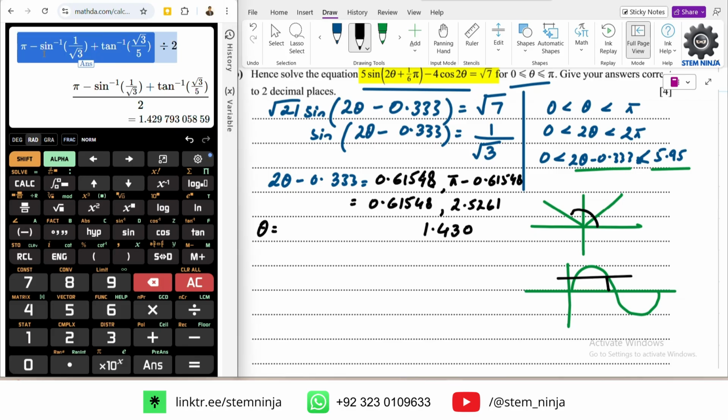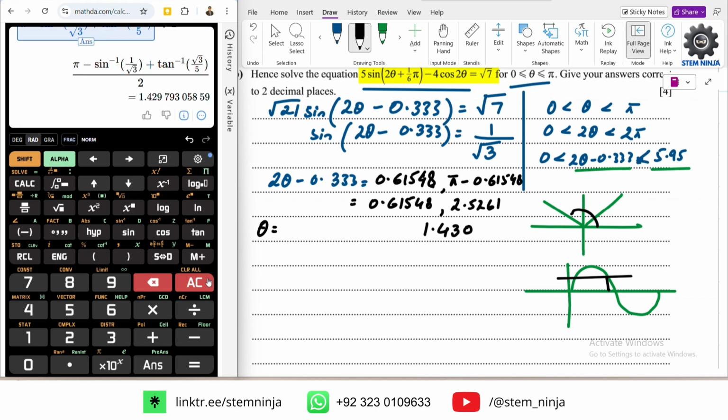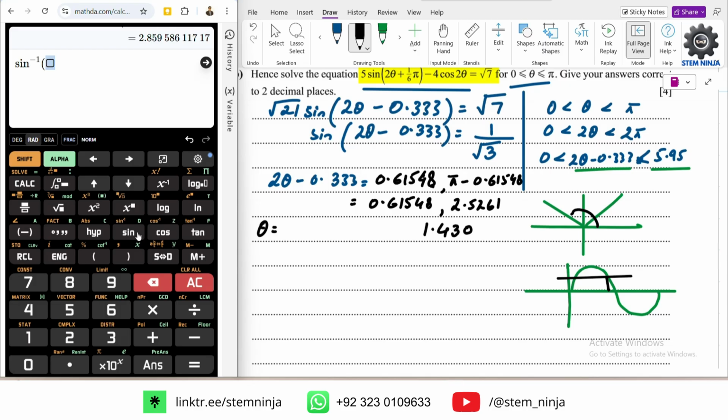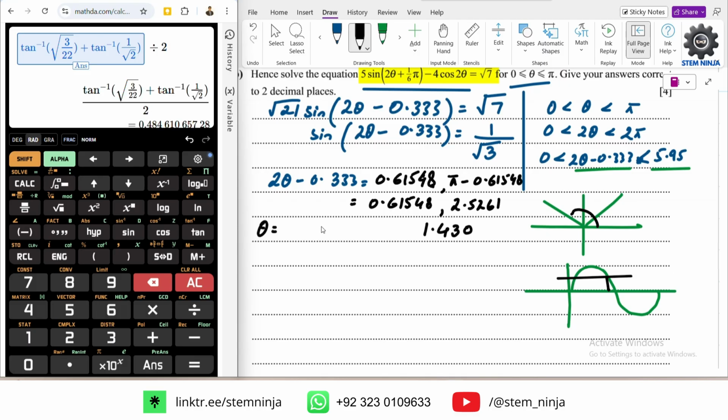And if we decide that we don't want this, the first one, sine inverse of square root of 1 over 3 plus sine inverse of square root of 3 over 25, and we divide this by 2, we get 0.4846.